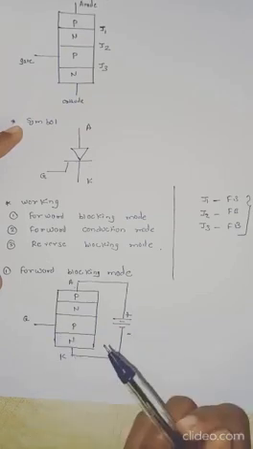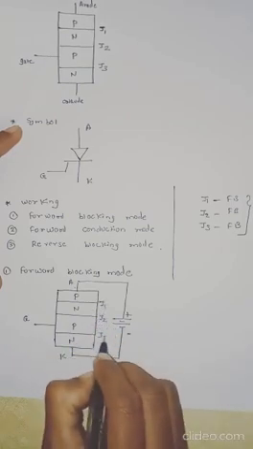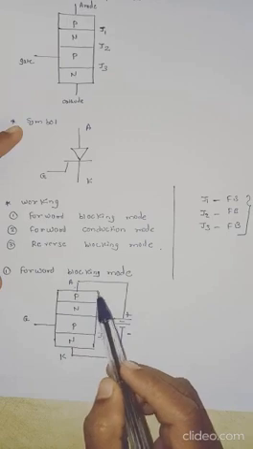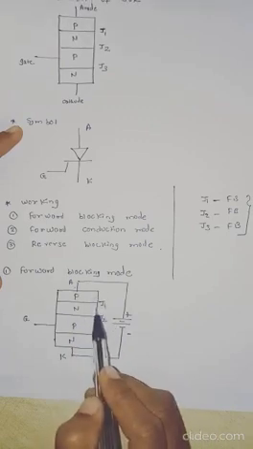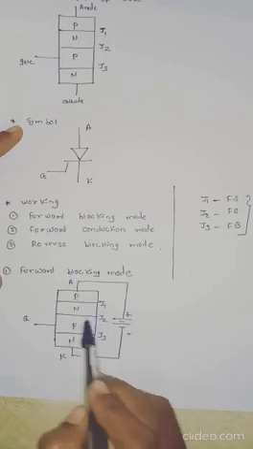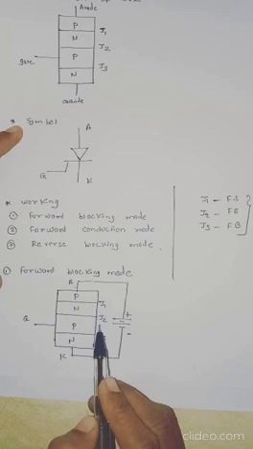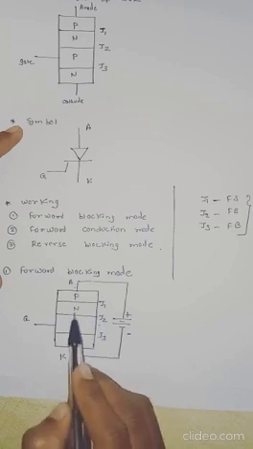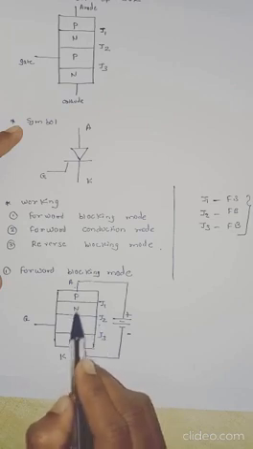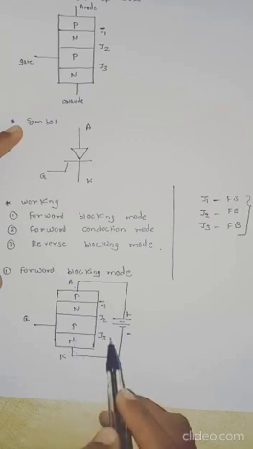Now due to this connection, junction J1 is in forward bias, that is P is connected to positive and N is connected to negative. Junction J2 is in reverse bias, that is N is connected to positive terminal and P is connected to negative terminal.